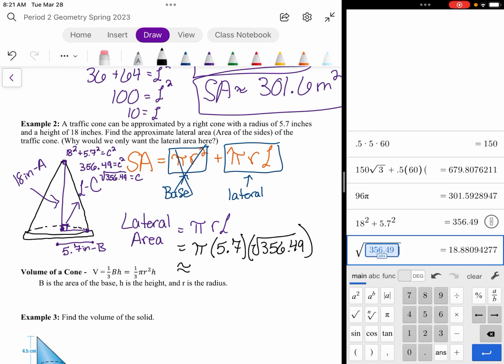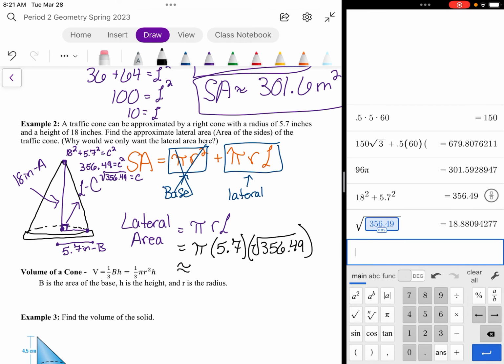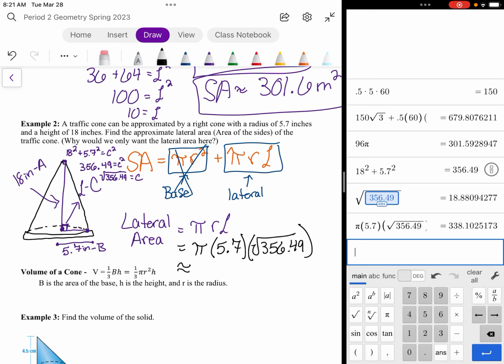Now this is where we are going to round. So we can type everything in. Pi times 5.7 times the square root of 356.49. And this is when you can round to 1 decimal point. So we're going to have 338.1 inches approximately for the lateral area.